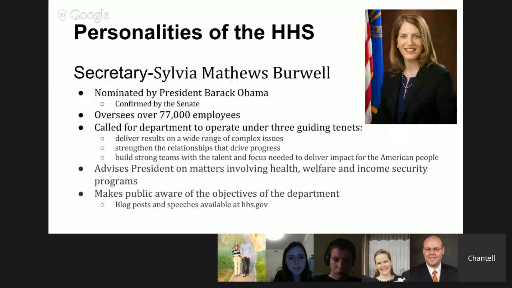Right, Secretary Sylvia Matthews Burwell. Before her, anyone know who it was before her? Former governor of Kansas. She resigned, and Sylvia Matthews Burwell became the secretary because the person before her resigned because there was a lot of controversy over a website that didn't work very well last year called healthcare.gov.